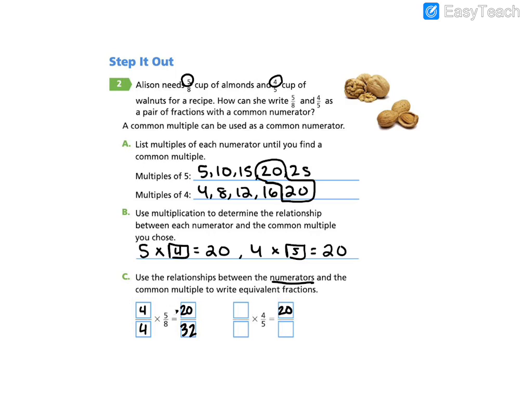Okay, go ahead and complete the next one. Pause the video if you need any more time. Great. So you should have multiplied by 5/5 to get a fraction of 20/25.